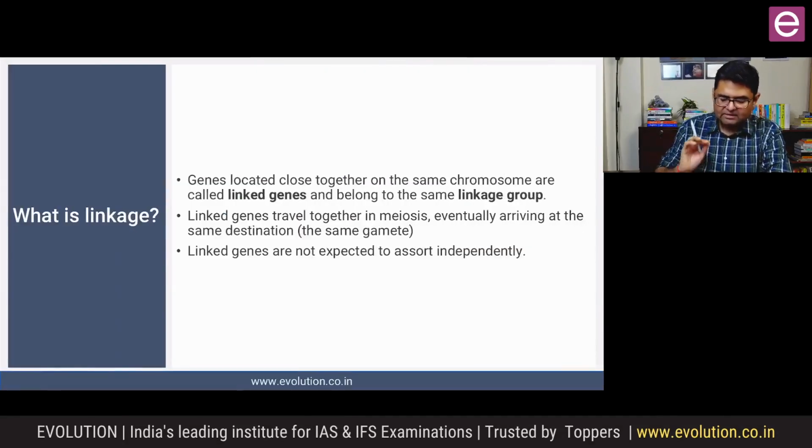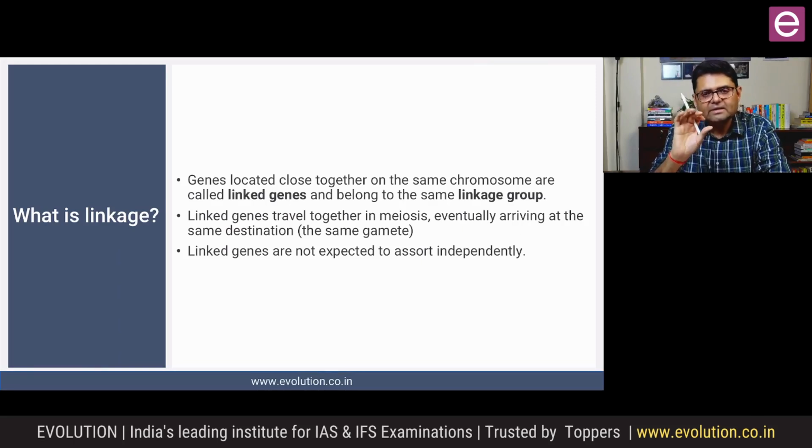Let's see the definition statement. Genes linked close together on the same chromosome are called linked genes. They belong to something known as a linkage group, and linked genes travel together in meiosis. Why? Because they are located on the same chromosome, and then they arrive in the same gamete.